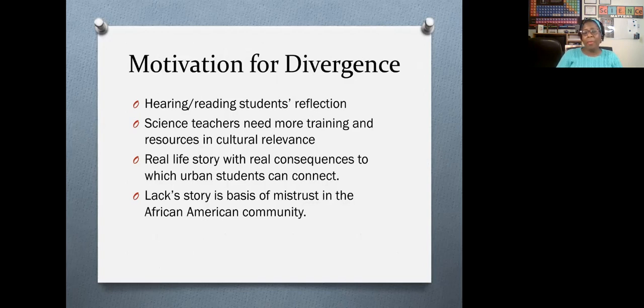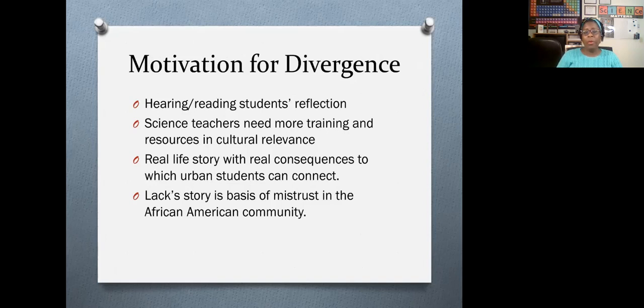So I'm looking for opportunities myself about how I can help my colleagues and pre-service teachers develop and identify research sources for cultural relevance. I also recognized in the story of Henrietta Lacks that that was a real life story with real consequences to which urban students can connect.